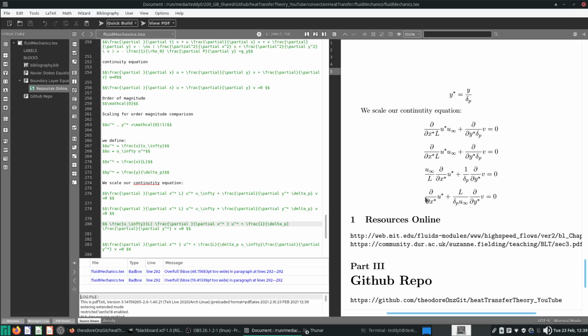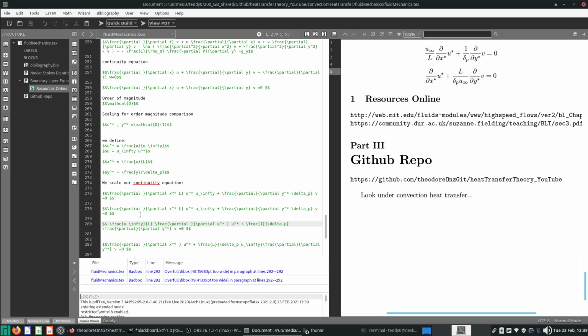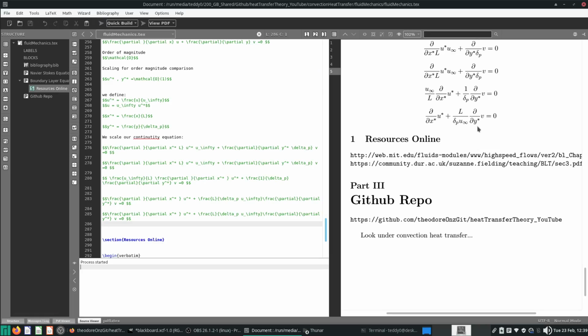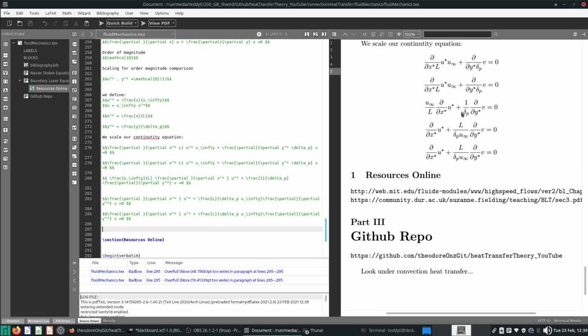Since these two are the only terms in the equation, this whole term is also on the order of magnitude of 1. And we know that y star is also on the order of magnitude of 1. So we can say that v times L over delta p u infinity should also be on the order of magnitude of 1.